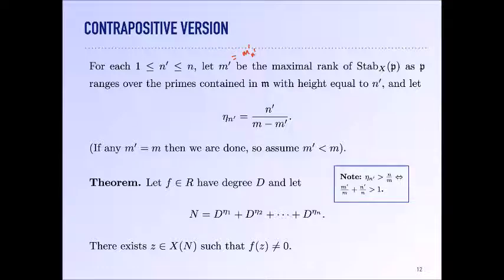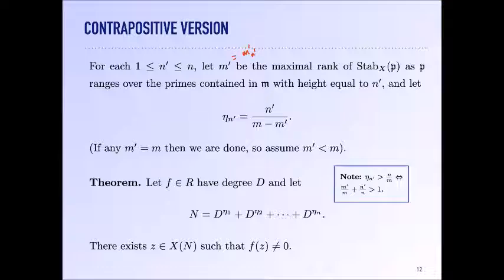Then you define kind of a funny invariant. It's not clear where this comes from, but I'll just define it as so, eta sub n prime. As p ranges over all primes inside the maximal ideal with height equal to n prime, you let m prime be the maximal stabilizer, and then you define eta n prime to be this.